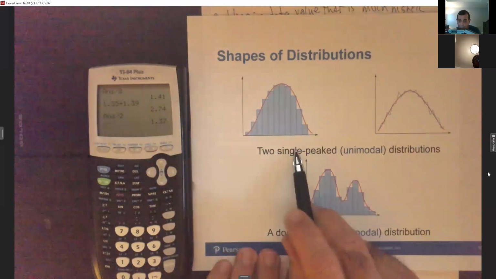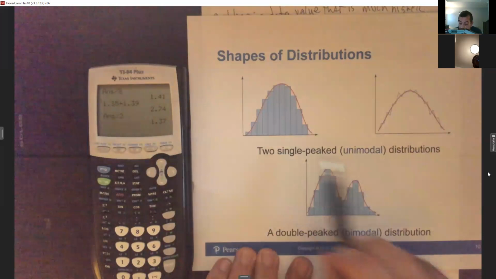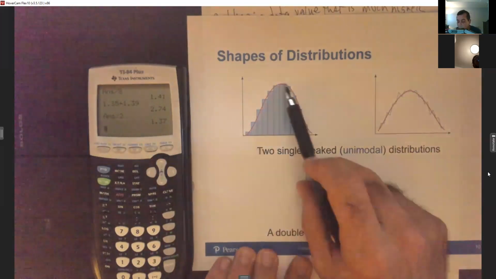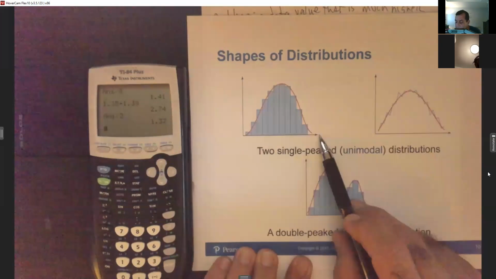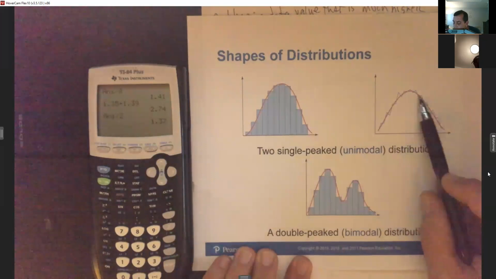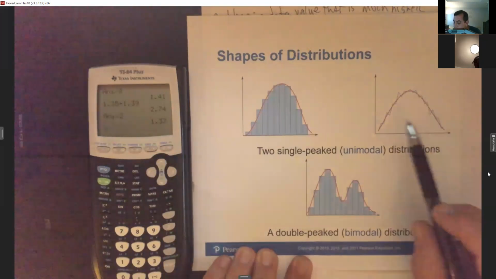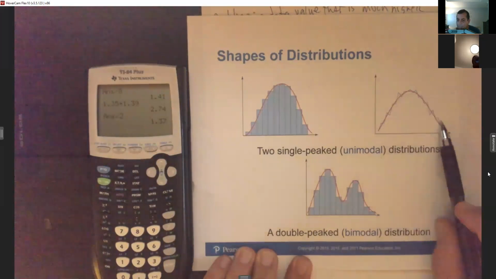All right, so on top, I was just showing y'all some single-peaked distributions, which come up and have one top or one mountaintop, and then they sort of come back down. Same thing on the right, but I just used a line chart to sort of show you that this data is still having go up and has one peak and then comes down.